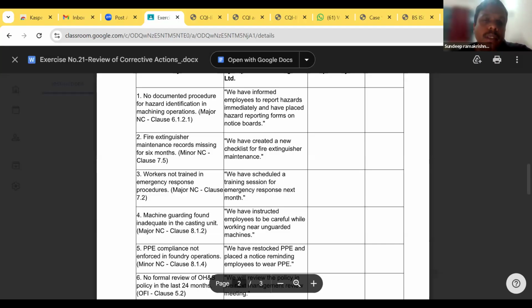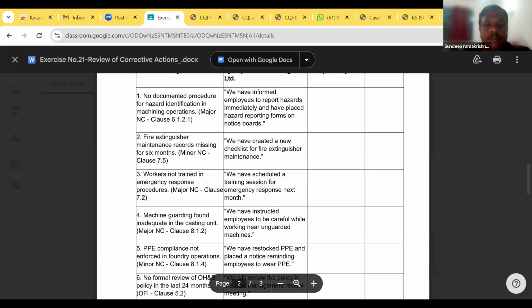That is the right corrective action. Simply instructing employees and wishing that the problem will go away is not the right attitude, not a correct way to improve the implemented management system. So this is outright rejected.